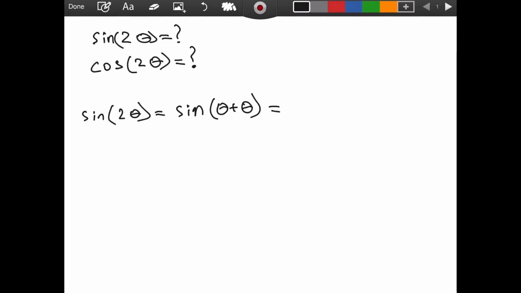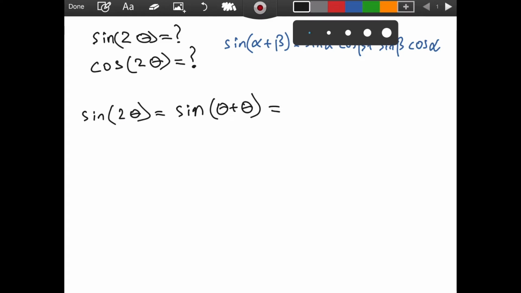So from that video, we know that sine of alpha plus beta can be expressed as, well, let me write it here as a side note. Sine of alpha plus beta is equal to, as we proved in that video, sine of alpha cosine of beta plus sine of beta cosine of alpha. Great. So if we just substitute theta for alpha and beta, we will get our equation.